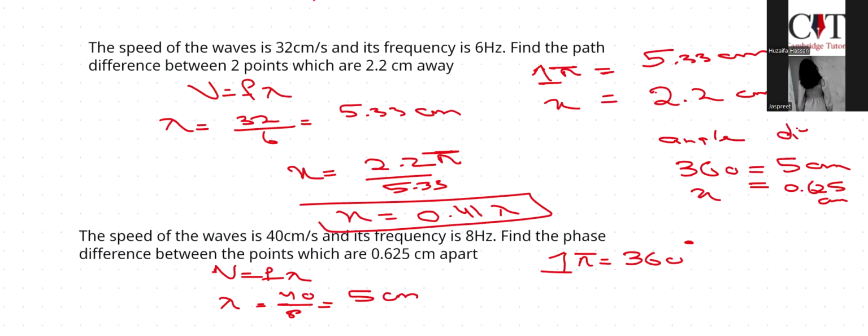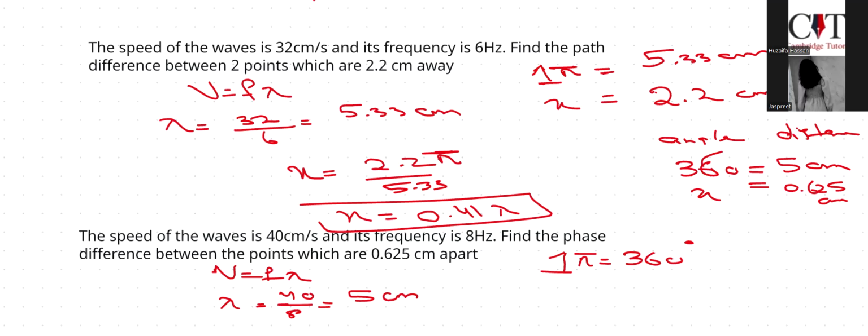So the main thing is ratio. We just have to use a ratio for this type of question. We already know that one lambda is equal to 360 degrees, and we already have a distance for one complete wave, so I can take it as equal to angle as well. So 360 is equal to 5 centimeter.